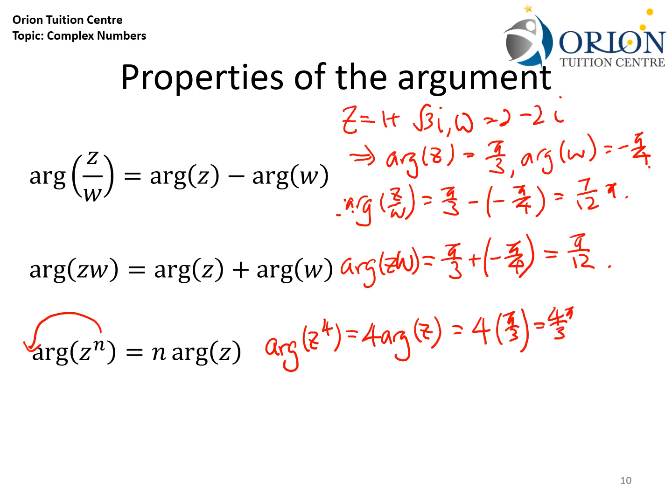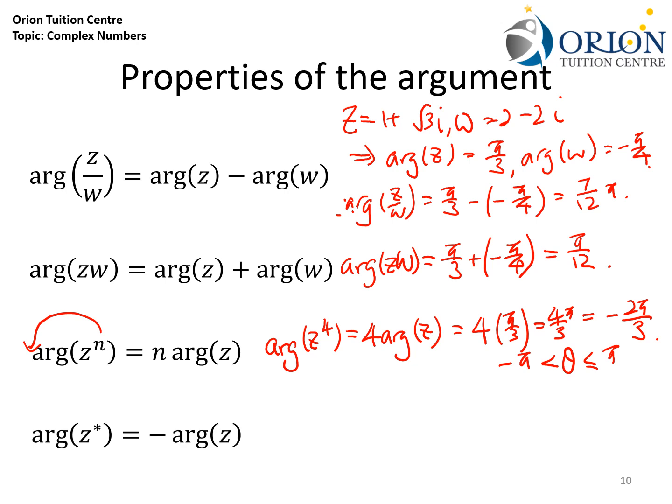But take note that angles in the complex number must always be within negative pi to pi, inclusive of pi. And 4 pi over 3 is out of this range, and therefore we have to subtract 2 pi to get negative 2 pi over 3 as the argument of z to the power of 4.